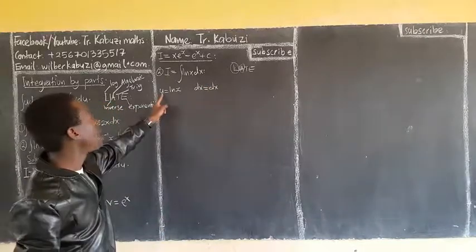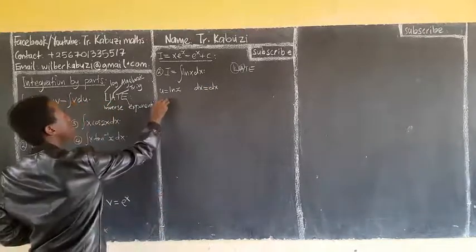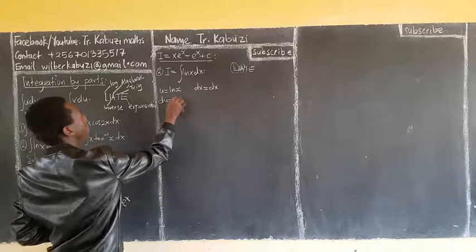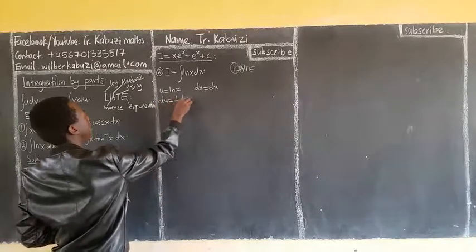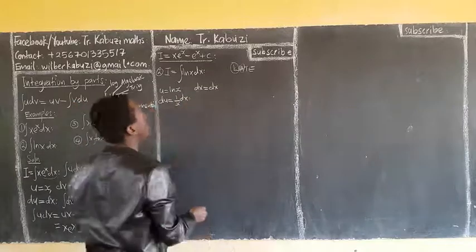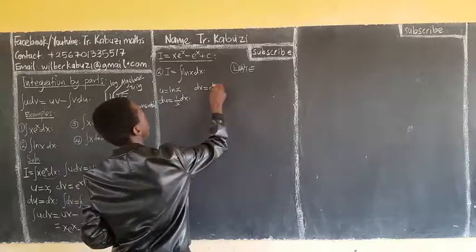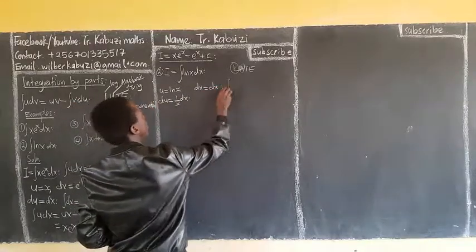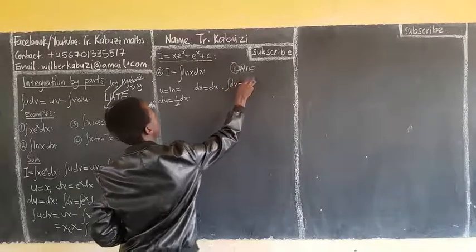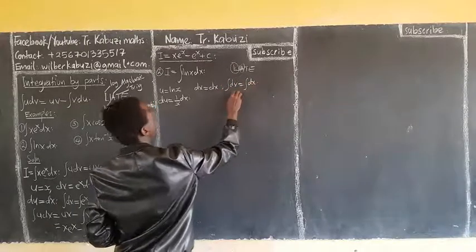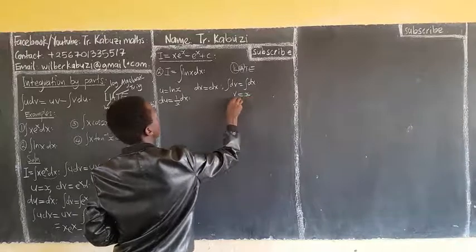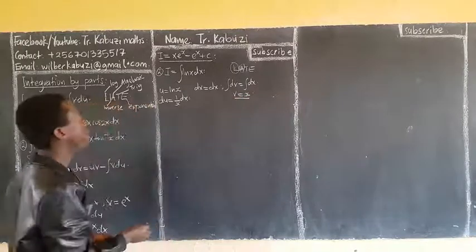So I need du. When I differentiate u, I get 1 over x dx. To get v, you integrate dv, so integrating dx, my v is going to be x. Now we substitute in our formula.